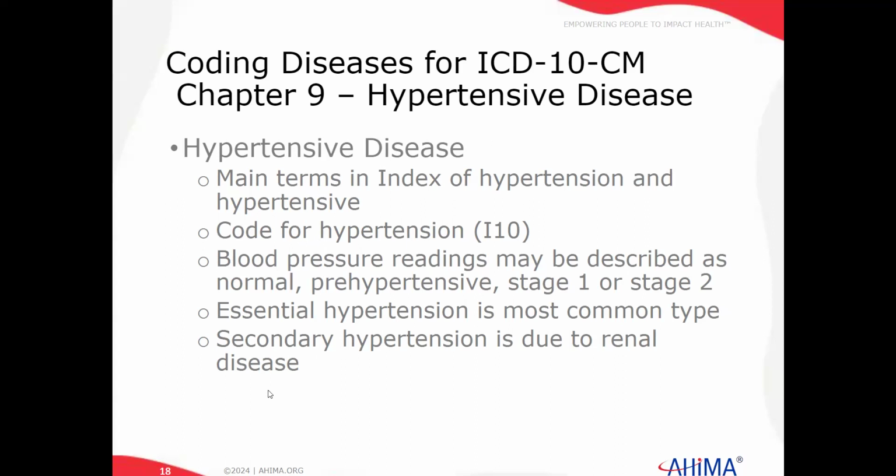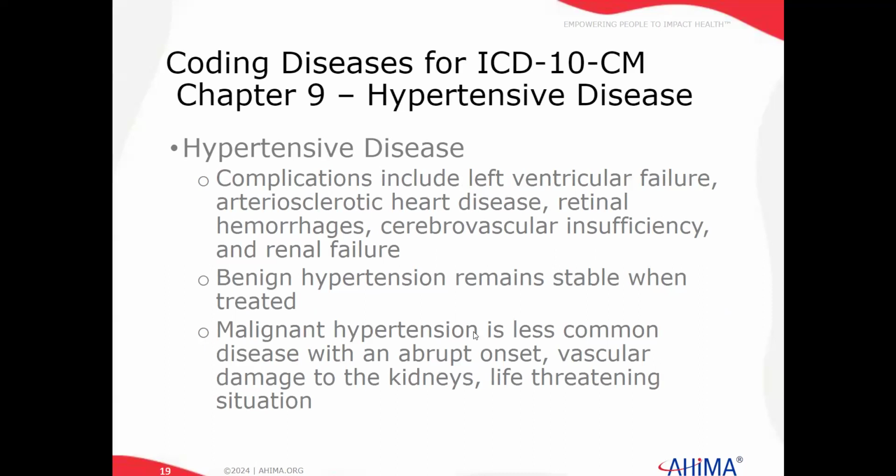We can have hypertension due to a secondary cause like renal disease very commonly also. And there's specific codes and guidelines for that. With hypertension, it's one of our silent killers, as it's been described, and its complications include left ventricular failure, arteriosclerotic heart disease, retinal hemorrhages, cerebral vascular insufficiency, and renal failure.